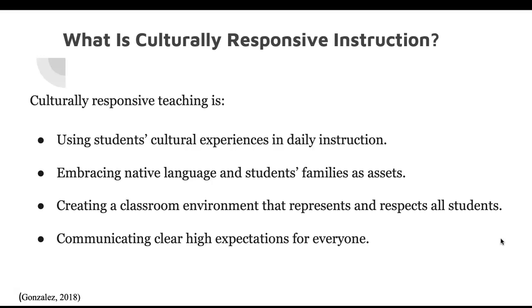Embrace their language, embrace their cultures, embrace their families. Ask them where they come from, get to know them, get to know how to pronounce their names. Create a classroom environment that represents their culture and respect for all of your students, and really communicate what your expectations are for everybody. So really make sure that you are providing a welcoming environment for your students.